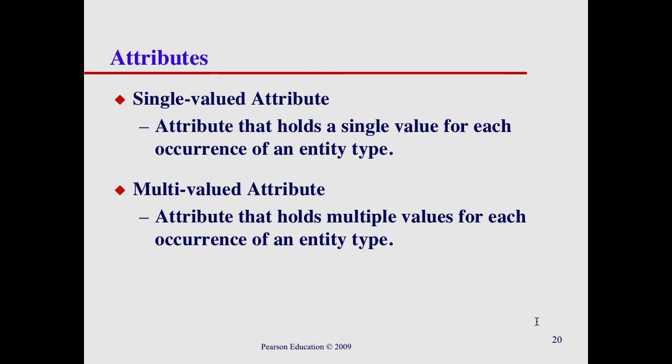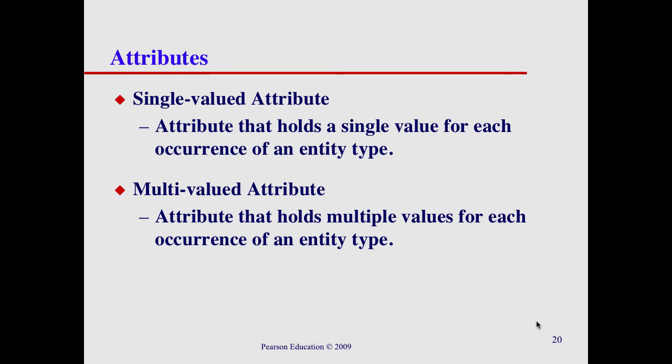You can have 0 dependents, 1, 2, or 3 dependents. And as an example where you have both, children would be a multi-valued composite attribute, because the children have first and last names. That's a composite attribute, and then there are multiple children, so that's a multi-valued composite attribute.